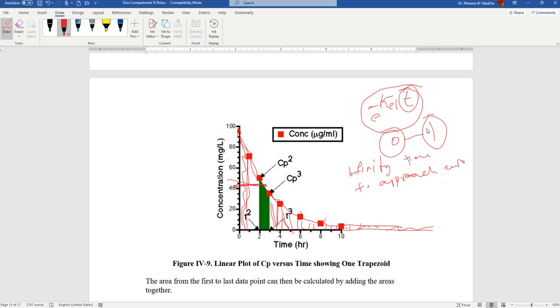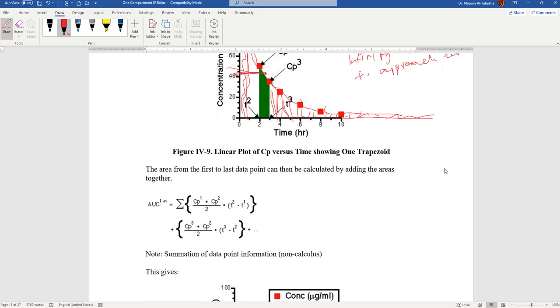Now I want you to consider two situations. One, if you have the assumption that you have one compartment, first order. Two, you have the assumption of first order, because that's true for many drugs, but you don't know how many compartments you have.